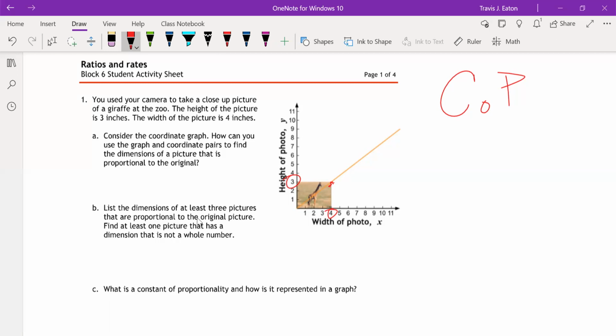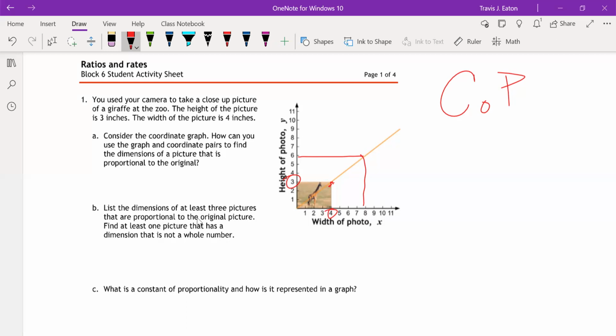Say, for example, what if I made the height of the picture 6, then the height would be 6, and the width would be 8, and the picture would not be distorted in any way.